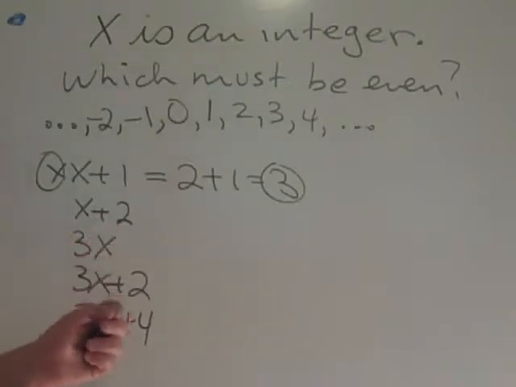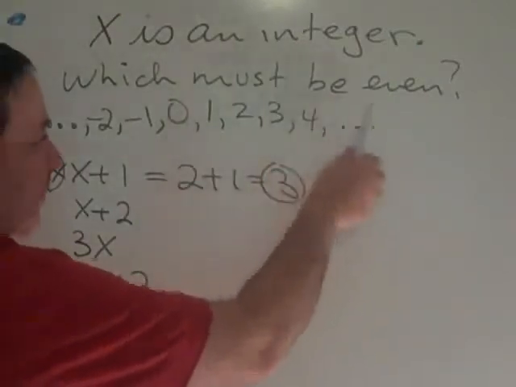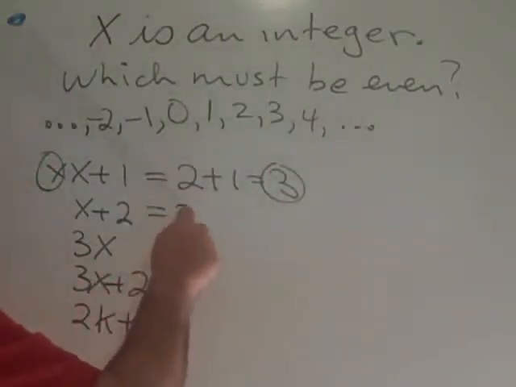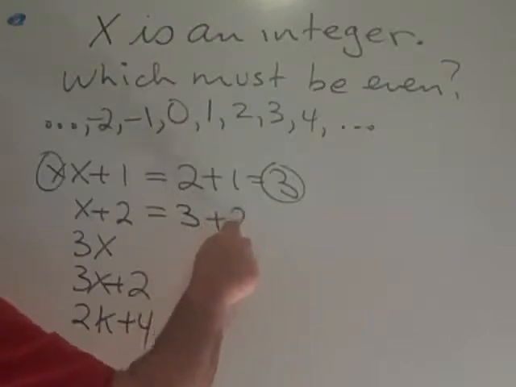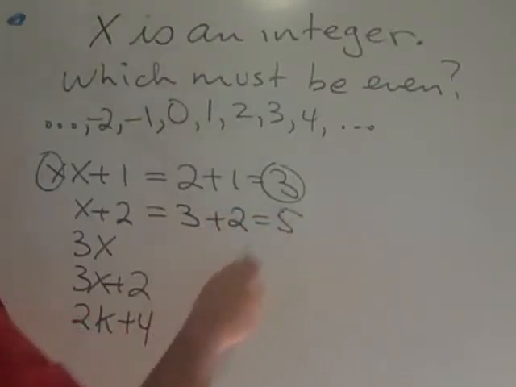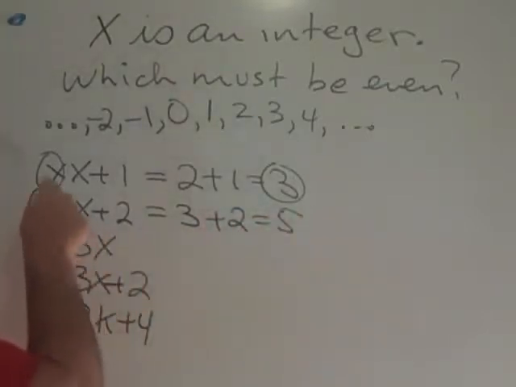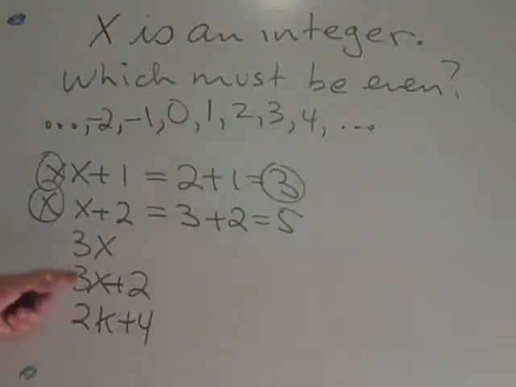Adding 2. When you add 2, odd evenness doesn't change. Well, I want to see if it must be even. Well, if I start with an odd number and I add 2, it stays odd. Now, if you look at these last two, let's just suppose for a moment 3x must always be even.